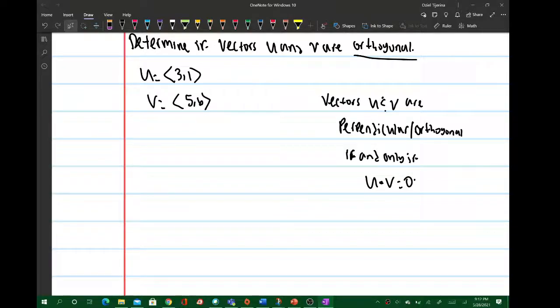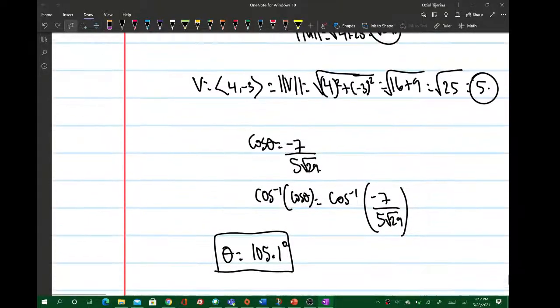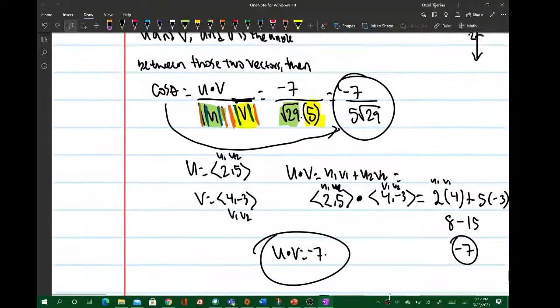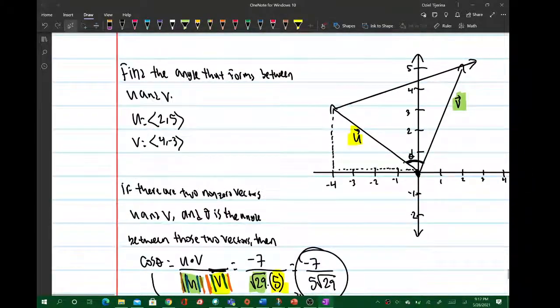Unless, if that's something you can do, but doing it the graphical way, or finding the angle by the graph way, like I did over here for this one.